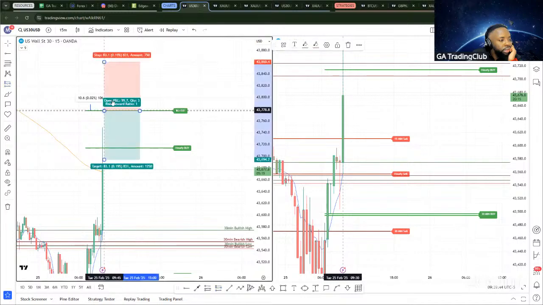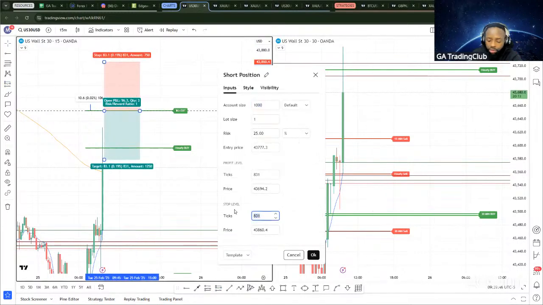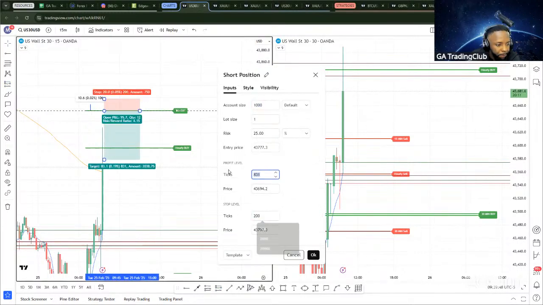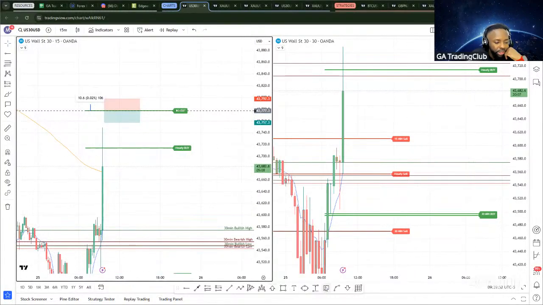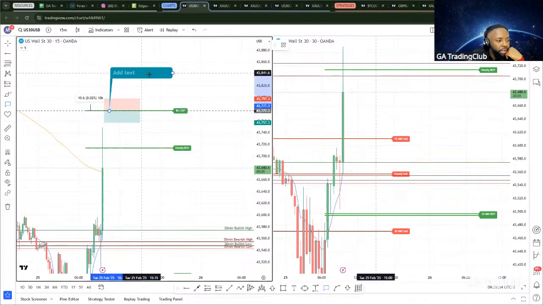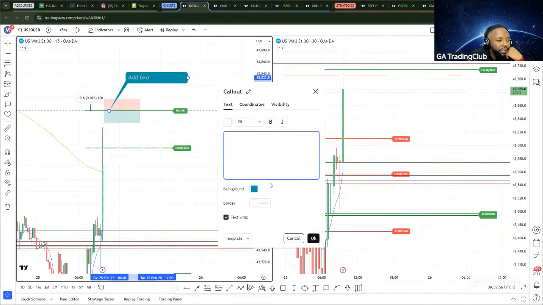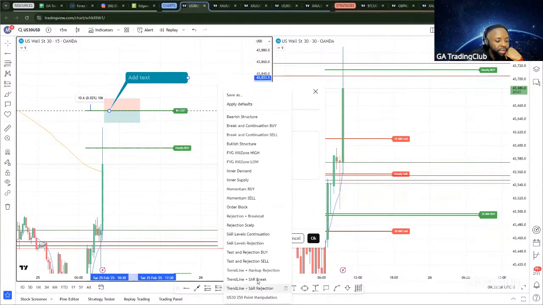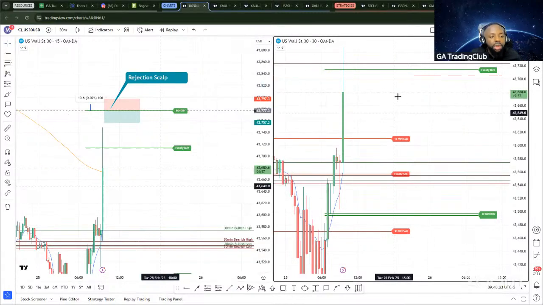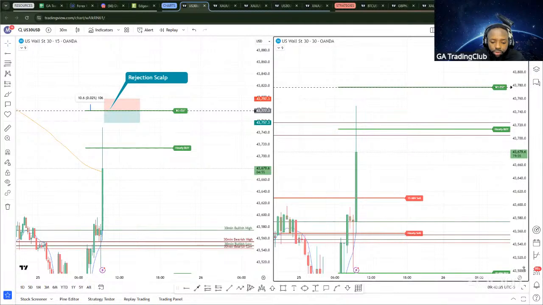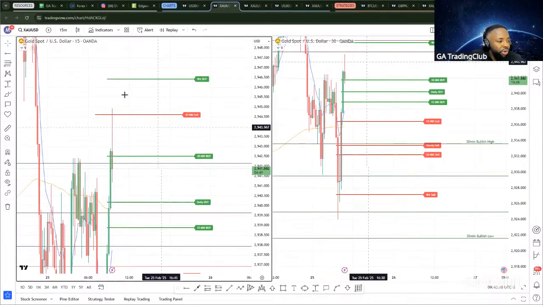And then here you can do a 200. So, a possible rejection scalp up here if price gets there, which it might. So this one is a rejection scalp. I've already put an alert there, so that if price gets there, we can see if we'll get that during the live session.